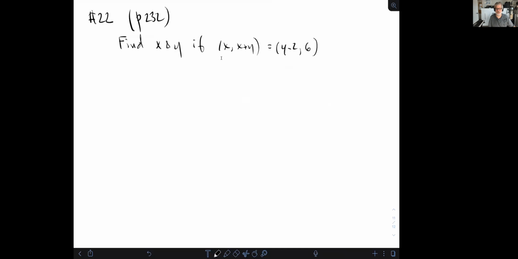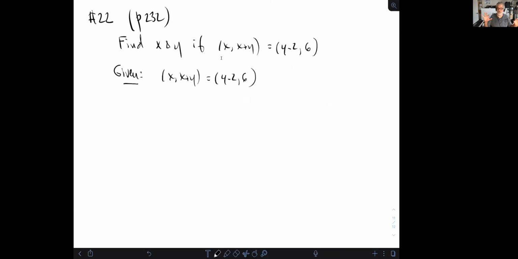It's sort of similar, yeah, it's sort of the same idea, okay? Okay, so I'm given an equation of 2 vectors, and I'm asked to find some unknown values. Okay, so let's just do this step by step. So we're given that these two vectors are equal.